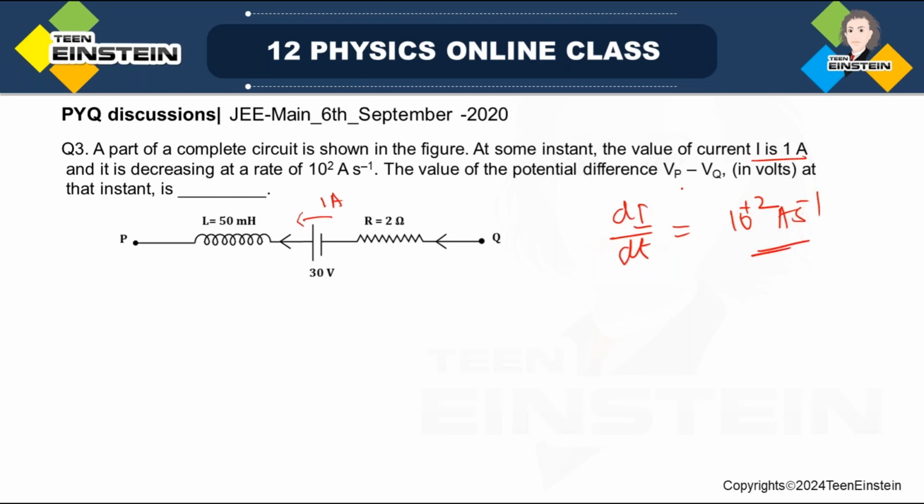Okay, the value of the potential difference Vp minus Vq is how much? So look here, in this case you have to find out potential difference between P and Q. So I need to know what is the potential here, what is the potential here. And the battery is also there in between. So what to do with that? Let us discuss that.